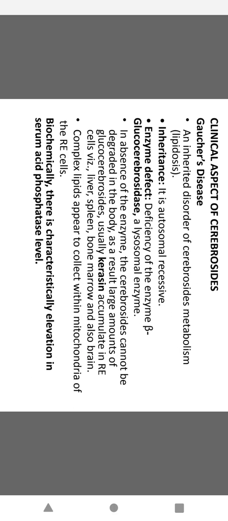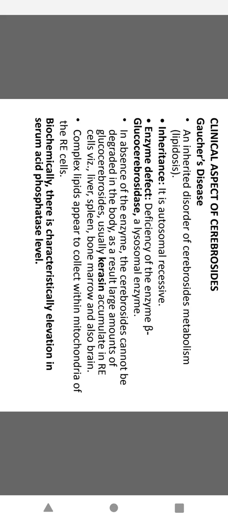Then clinical aspects. Gaucher disease is caused by a disorder of cerebroside metabolism, also known as lipidosis. It is an inheritable disease and is considered an autosomal recessive disorder, with an enzyme defect in the enzyme beta glucocerebrosidase. It is a lysosomal enzyme.